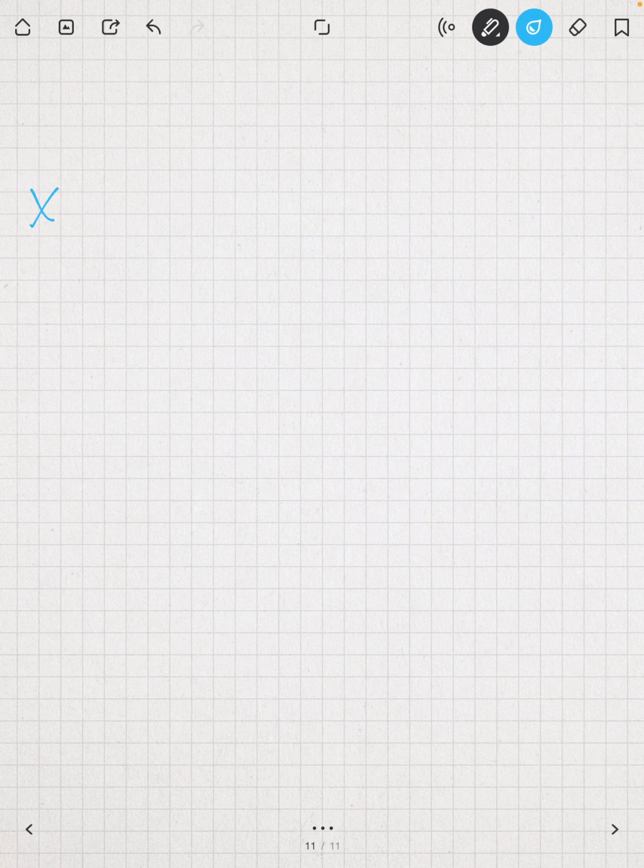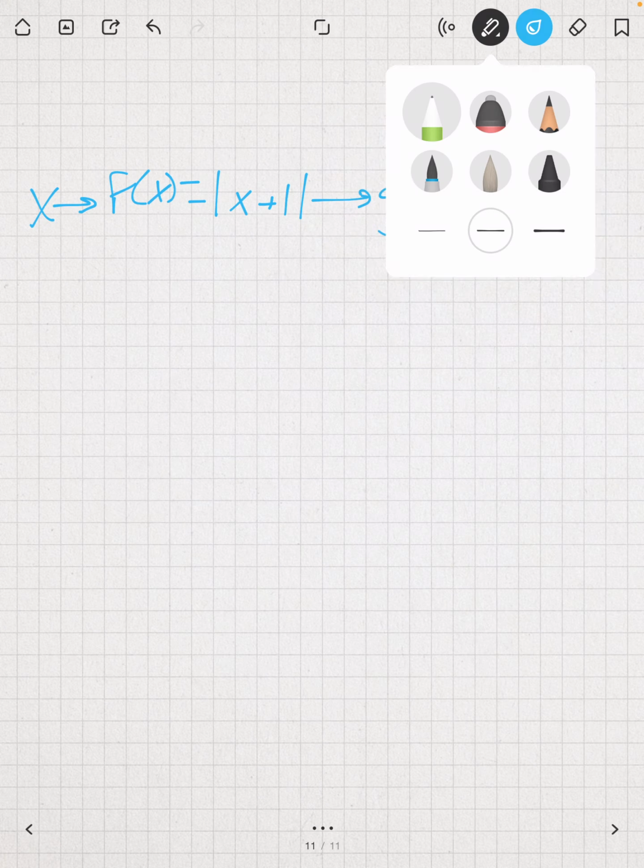So here now we have x going into our function, f of x equal absolute value x plus 1. Going into our next function box, g of x equal 3x squared minus 1. Giving us an output.